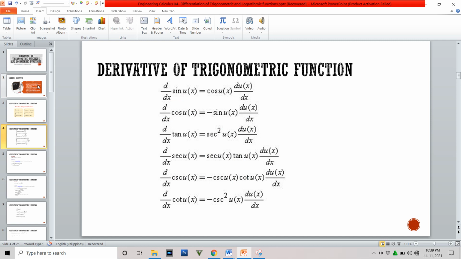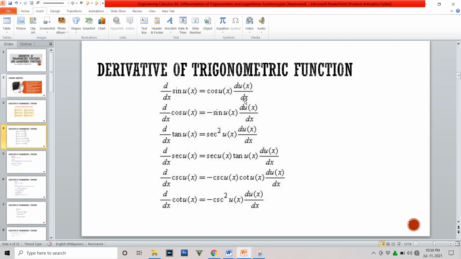So yun yung general rule, but we need also to incorporate here the chain rule, that if we are going to derive yung sine u, or the sine u in terms of x, so first execute cosine u, and then of course differentiate the inner term. Now if this inner term should be differentiated again, then gawin natin, ano?